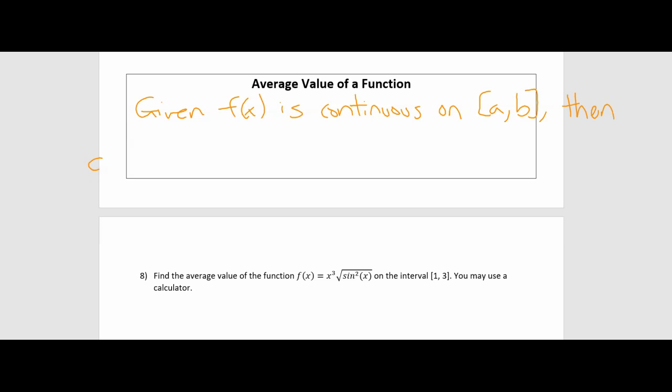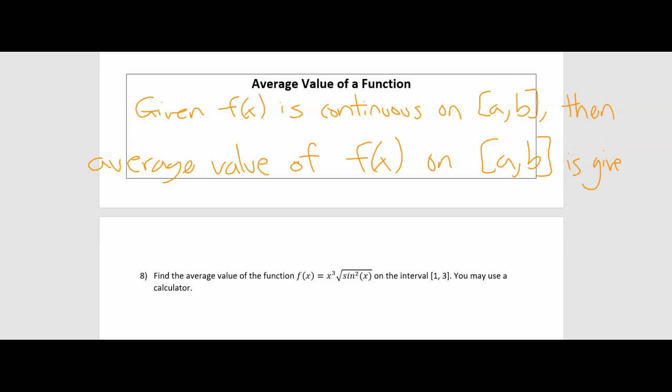But given f of x is continuous on a to b, then the average value of f of x on a to b is given by one over b minus a times the integral with limits of integration a to b of f of x dx.